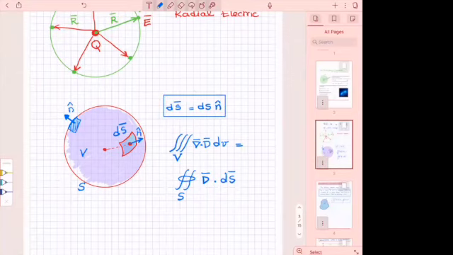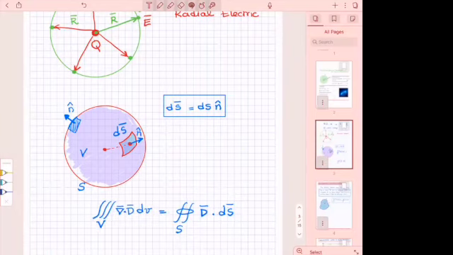Okay, now why is this important? It's very important for problems that have a volumetric symmetry, for example, spherical symmetry. A point charge Q at the center of a sphere has a spherical symmetry. You will see a smaller sphere.